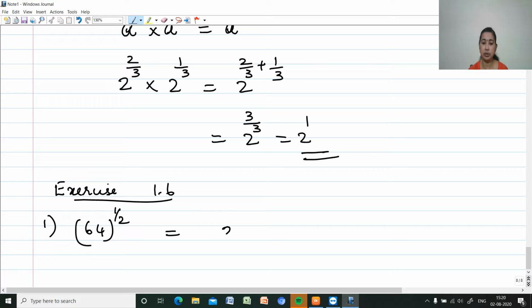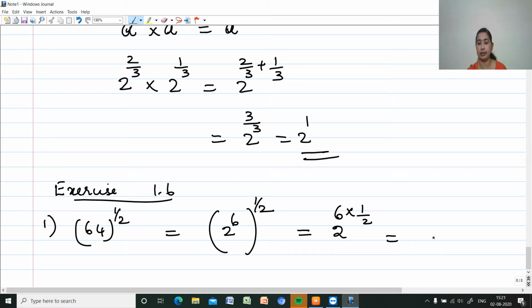So 2 raised to 6, that is 6 times if you are multiplying 2. 2 into 2 gives 4, 4 into 2 gives 8, 8 into 2 is 16, 16 into 2 is 32, 32 into 2 is 64. So 64 raised to 1 by 2 is equal to 2 raised to 6 into 1 by 2, or that is 2 raised to 3, that's equal to 8.